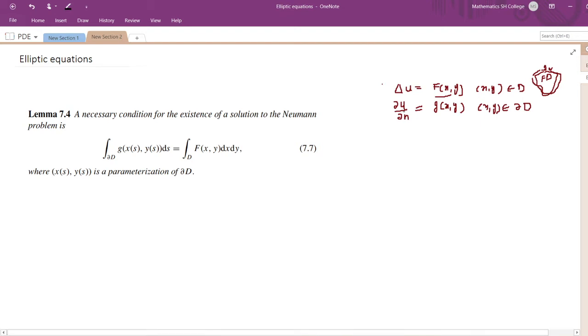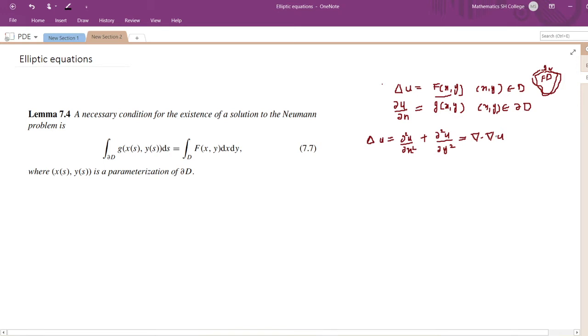I hope you are familiar with this delta u. What is this delta u? This is the Laplace equation. It is the second derivative, dou square u by dou x square plus dou square u by dou y square, is delta u. We can write this as del dot del u. Del is a gradient operator.